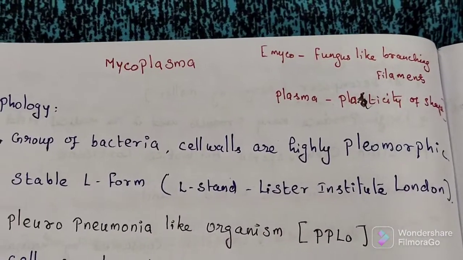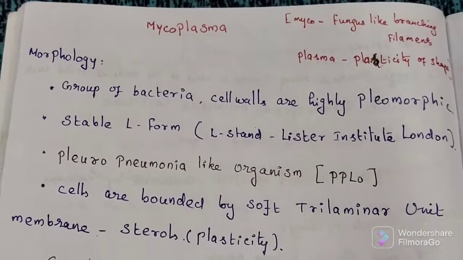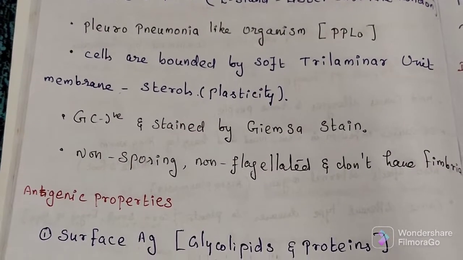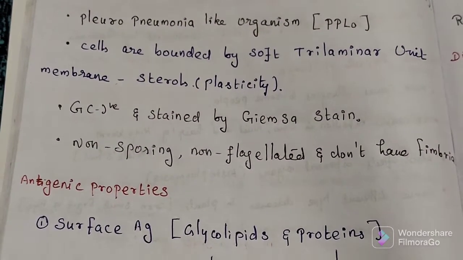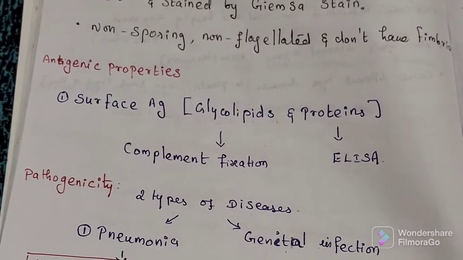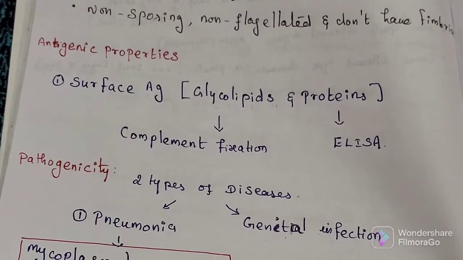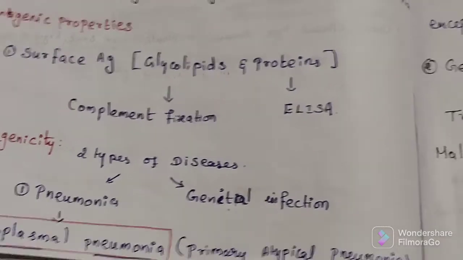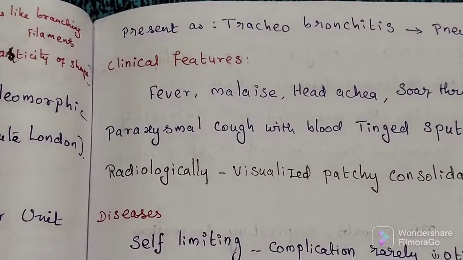This one is the notes format. Introduction, then morphology: it is gram negative, and Giemsa staining is used. Then antigenic property: surface antigen having glycolipid and protein. Pathogenicity: it causes pneumonia and genital infection.